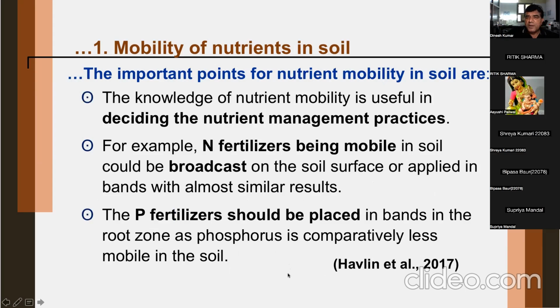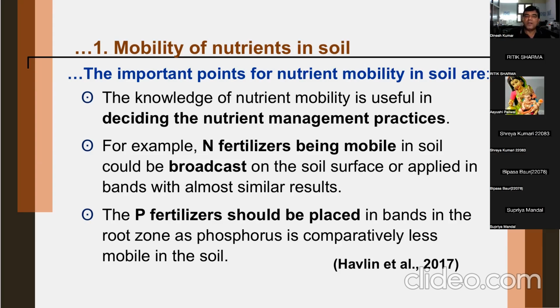The knowledge of nutrient mobility is useful in deciding nutrient management practices. So why do we study nutrient mobility? Because it can help us decide the method of fertilizer application. For example, nitrogen is mobile in soil, so nitrogen fertilizer can be broadcast.